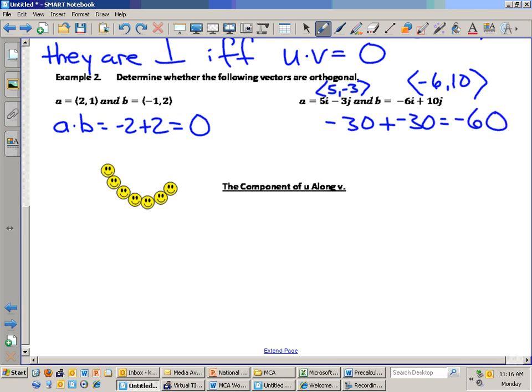That is not 0. Those are not orthogonal.